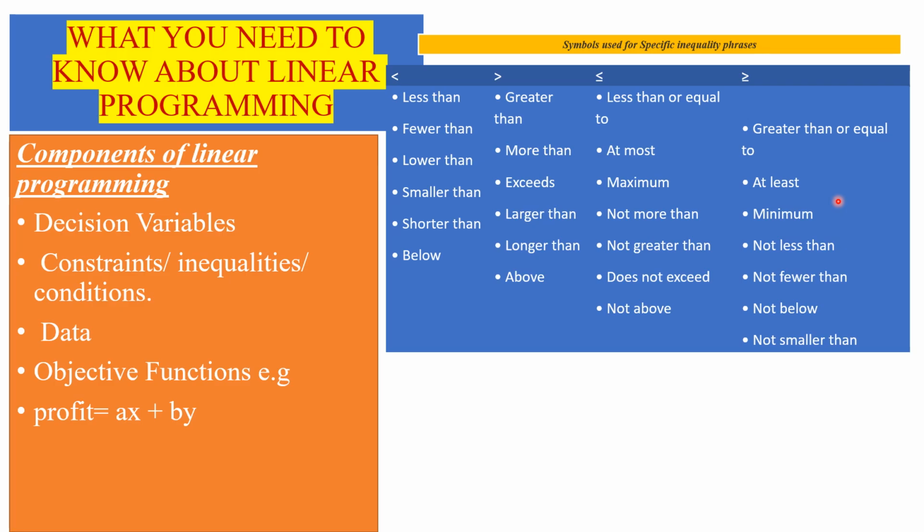So we may need from 5 and above. That is the word minimum. It doesn't go below that. Here we can use words like not less than, not fewer than, not below, not smaller than. You can find other words that mean greater than or equal to.